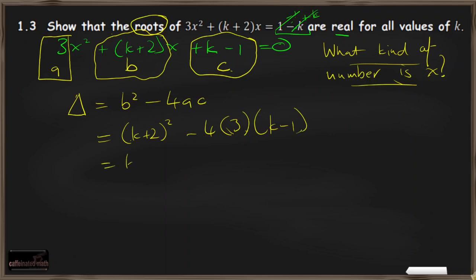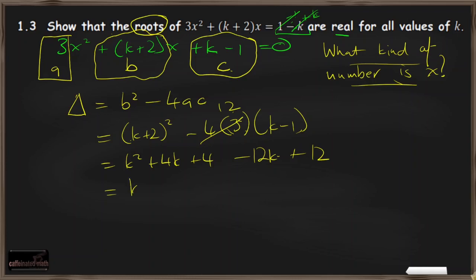Well, if we simplify this, we'll have k squared plus 4k plus 4, that becomes minus 12, so we'll have minus 12k, and then plus 12.